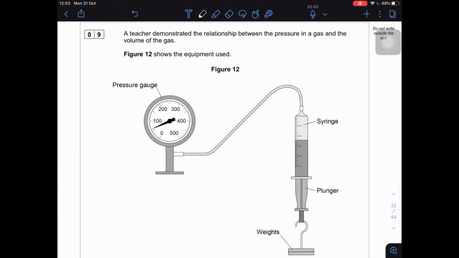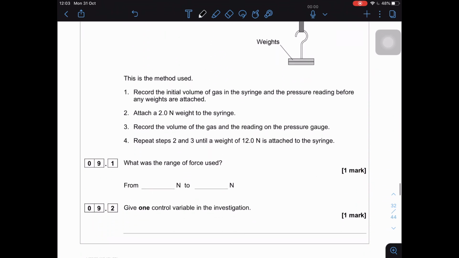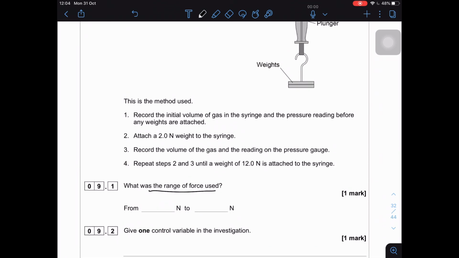All right. Let's go through the ninth question. Here, a teacher demonstrates the relationship between pressure in a gas and the volume of the gas. So essentially, between pressure and volume. This is the method that they used. What is the range of force used? The initial volume of the gas in the syringe and the pressure reading are taken before any weights are attached.